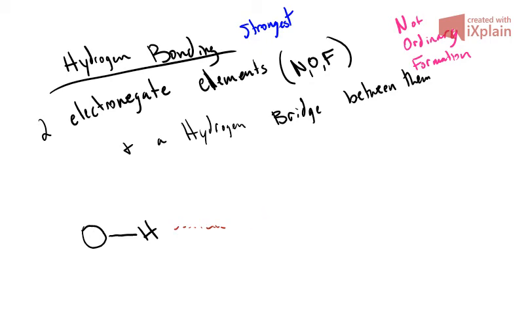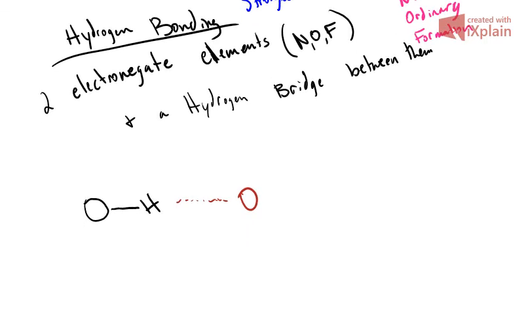It could be O, it could be F, it could be N. Same here, could be N, O, or F. But there has to be two highly electronegative atoms and a hydrogen bridge between them. That bridge is stronger on one side than the other because of this bond, but nevertheless, it's a hydrogen bridge. So those are the different types of bonding.